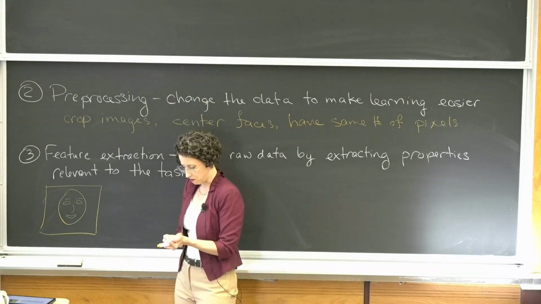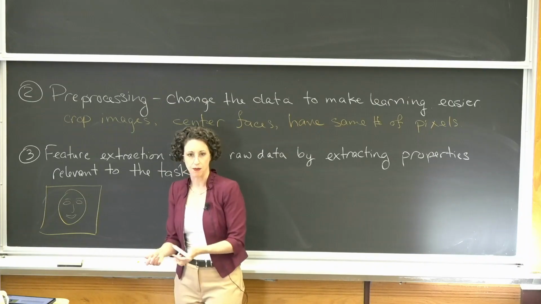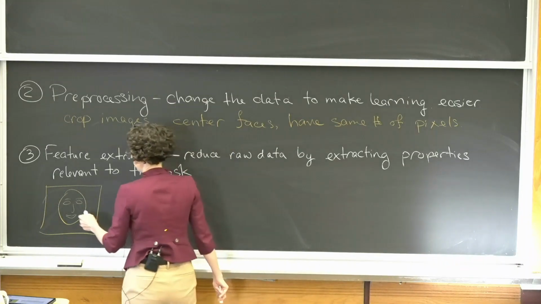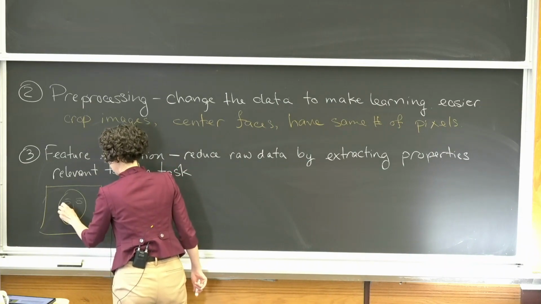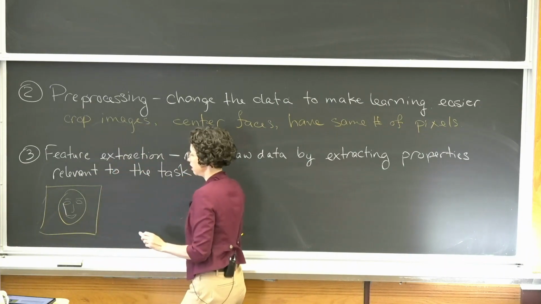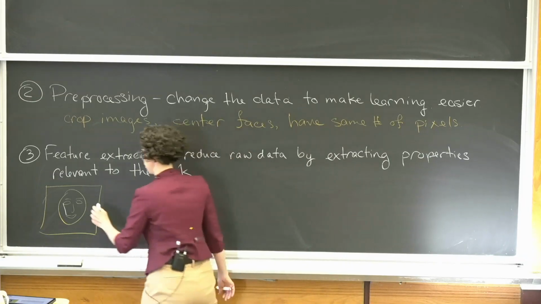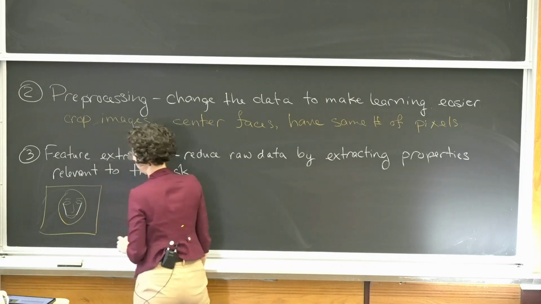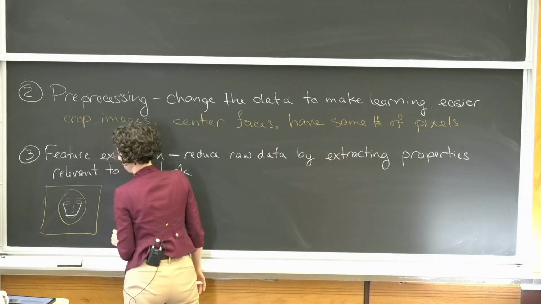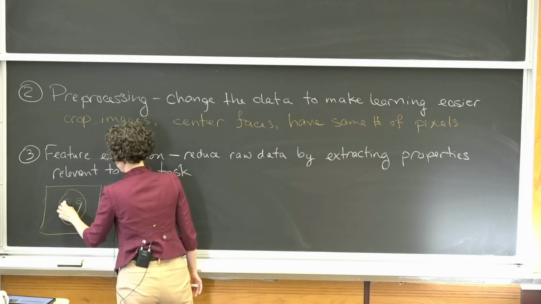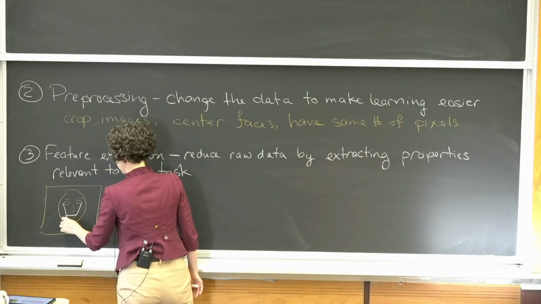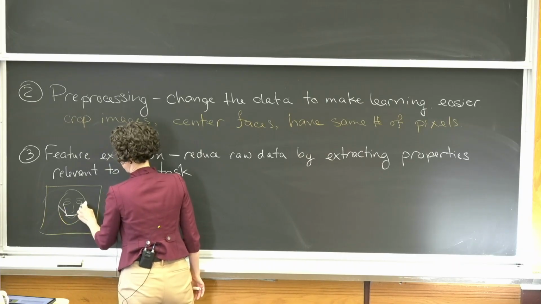Feature extraction might say, well, rather than dealing with raw pixel values, I'm going to measure certain things. Let's say the distance between the left eye corner and the left mouth corner, and the right eye corner and the right mouth corner, or maybe how wide the mouth is, or the distance between the ear and the mouth corner.